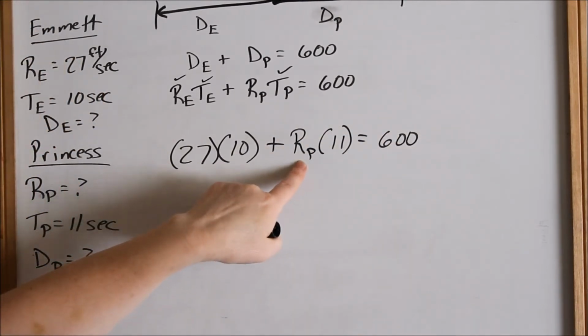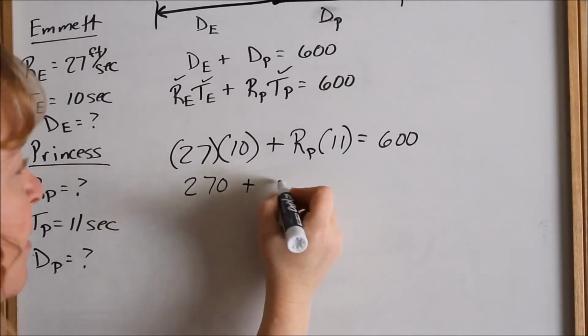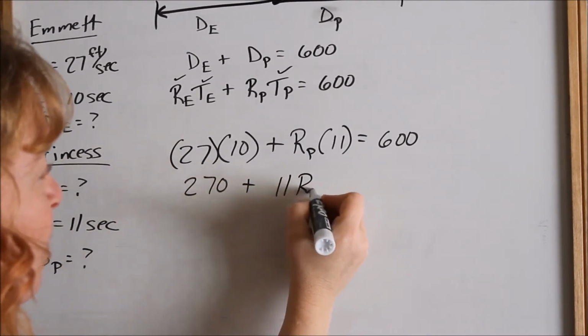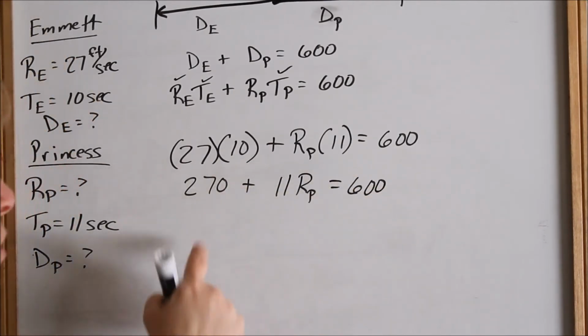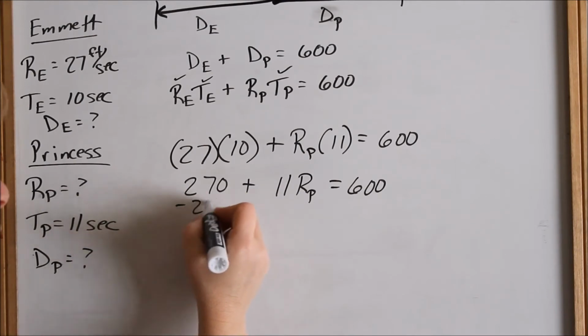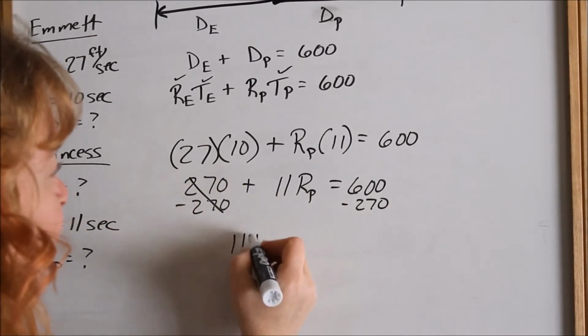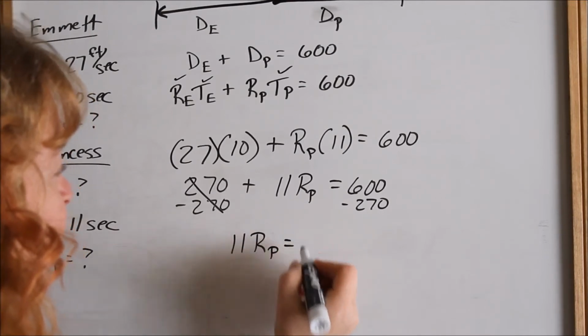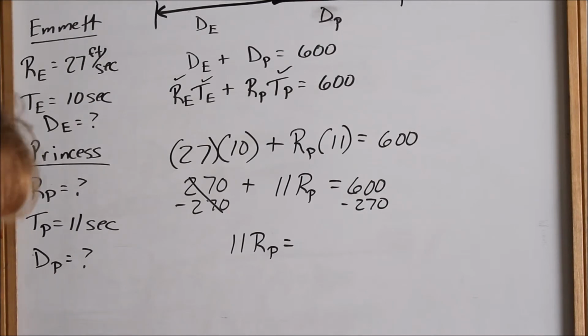So this is my unknown, so I can multiply these out. So that'd be 270 plus, I'm just going to write this as 11 RP, because we normally see our coefficients in front. So now it's just a matter of getting our numbers together. Subtracting this over. So keep up with your letters because we're trying to find Princess's rate.